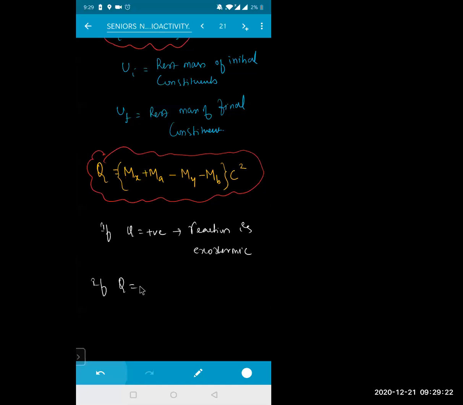If Q value is coming out to be negative, then the reaction is endothermic. So from the relation Q is equal to delta M into C square, our energy E is equal to delta M into C square.